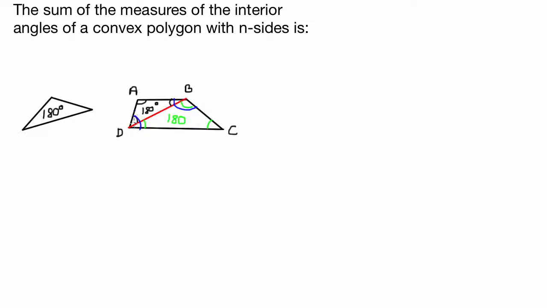So we know that angle D, which is the sum of angle ADB and angle CDB, plus angle A, plus angle B, which is the sum of ABD and CBD, plus angle C, must sum to 180 plus 180, which is 360.